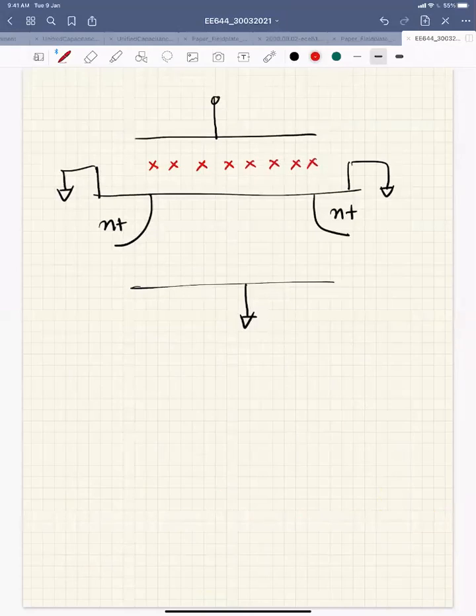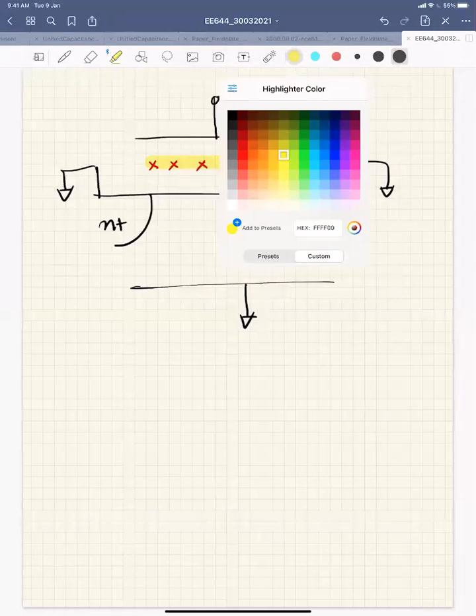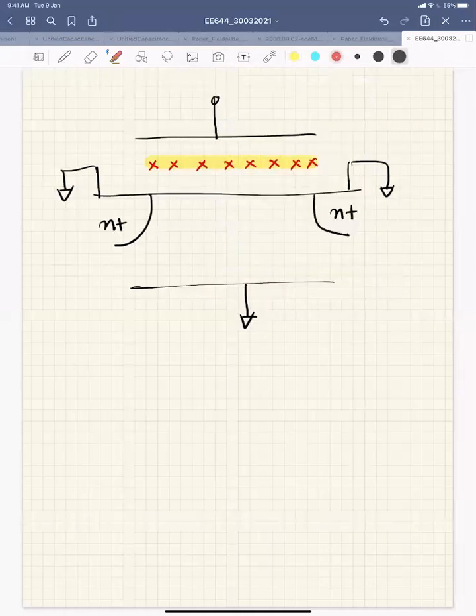I have some charges in the oxide, somewhere in the middle of the oxide. This is called the fixed oxide charge. These charges are created because of some vacancies in silicon dioxide. In silicon dioxide, one silicon is bonded to different oxygen atoms, so if one bonding is not proper, this gives rise to fixed oxide charge.